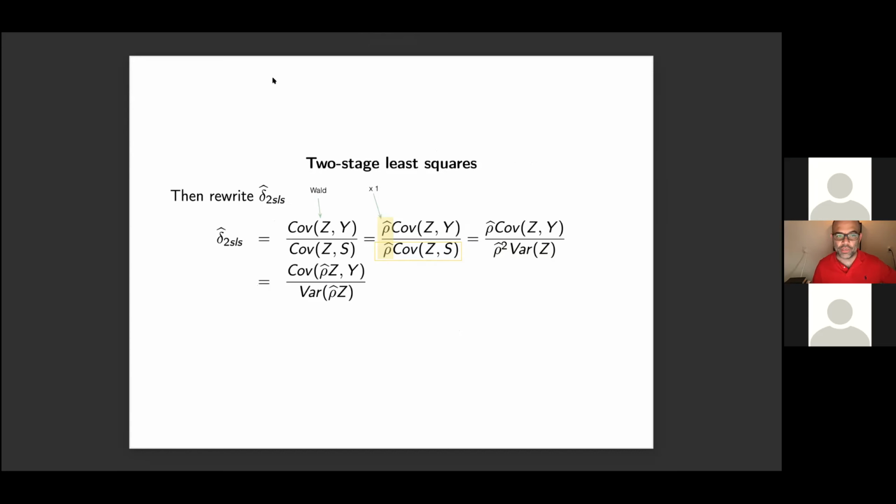So all I do is replace covariance ZS with rho hat variance Z here.